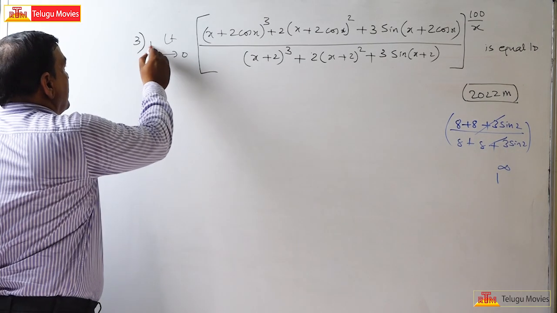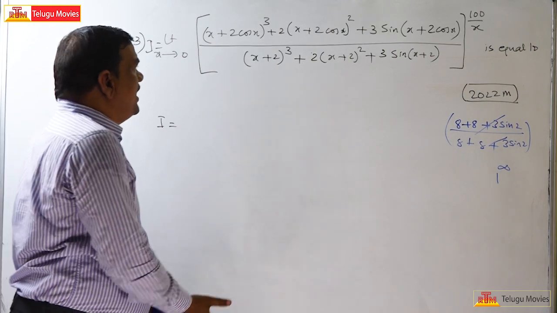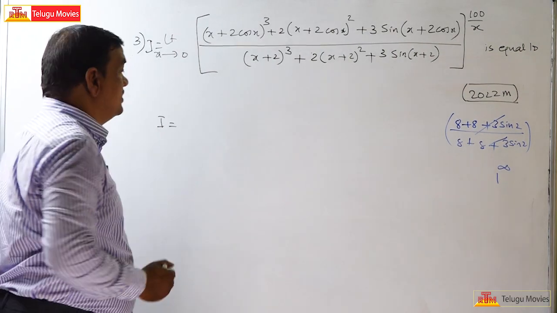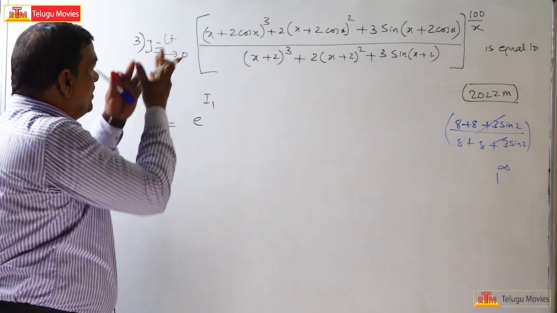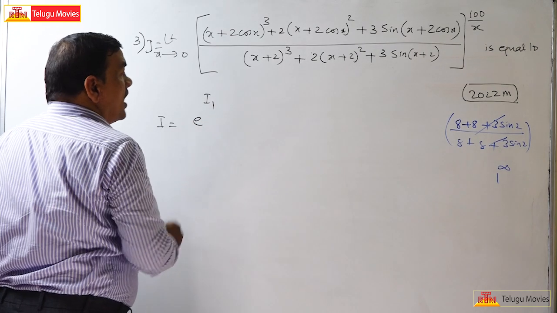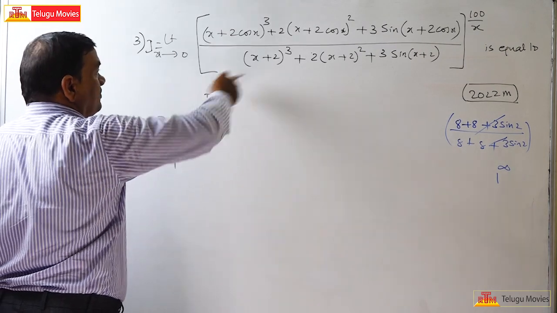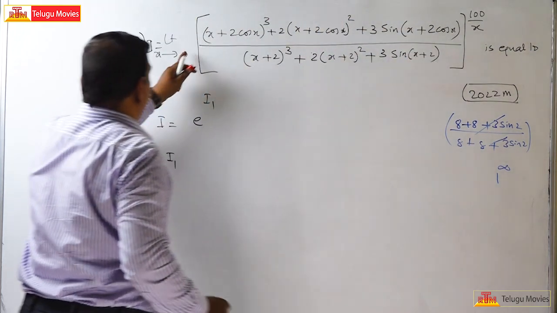Let us call it I. Then I is equal to e to the power of the total, raised to I1. So what is I1? The 100 by x will come here.